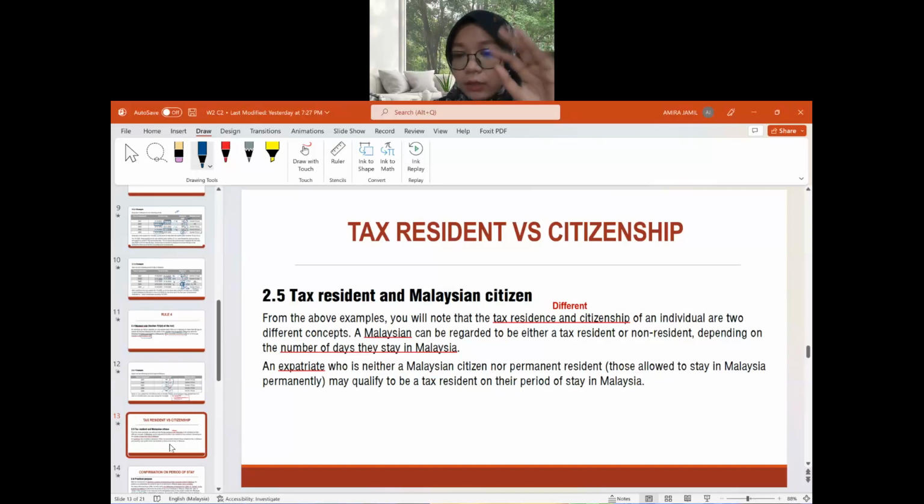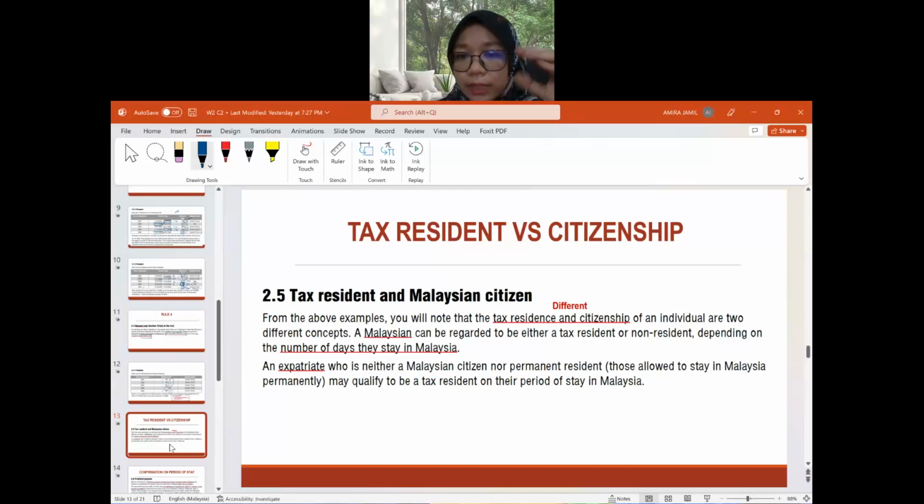So although he or she is a Malaysian citizen, if they don't stay in Malaysia, it cannot be considered as tax resident.